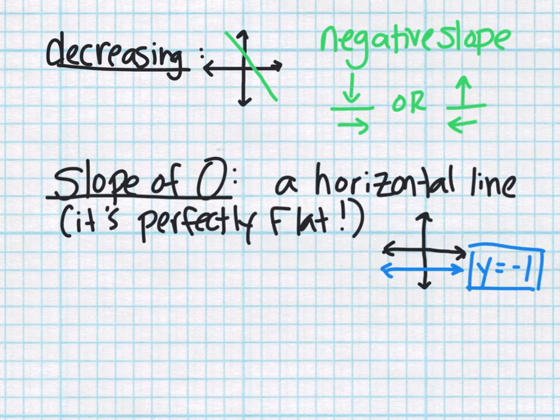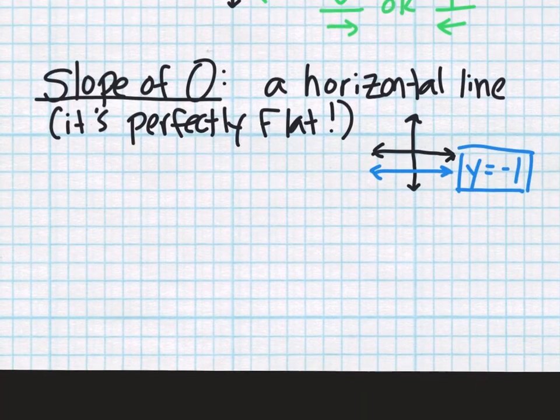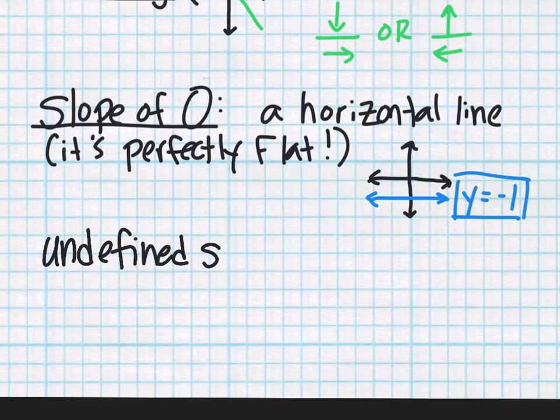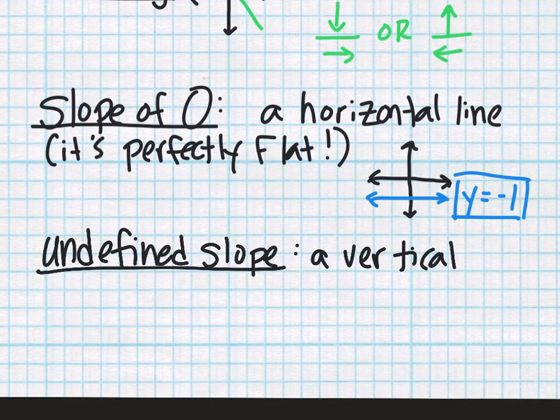The other option is to have an undefined slope. That would be a vertical line, straight up and down.